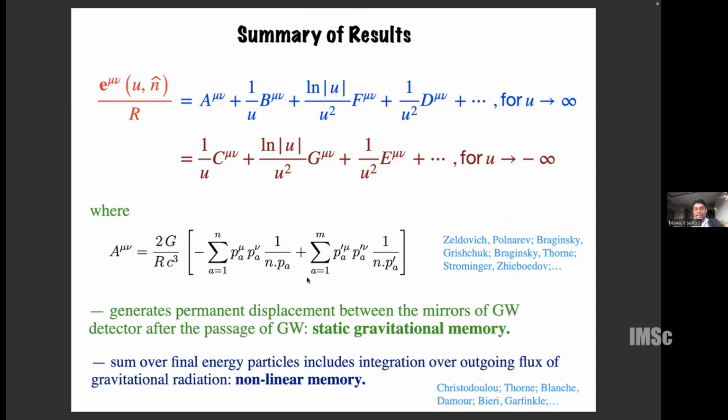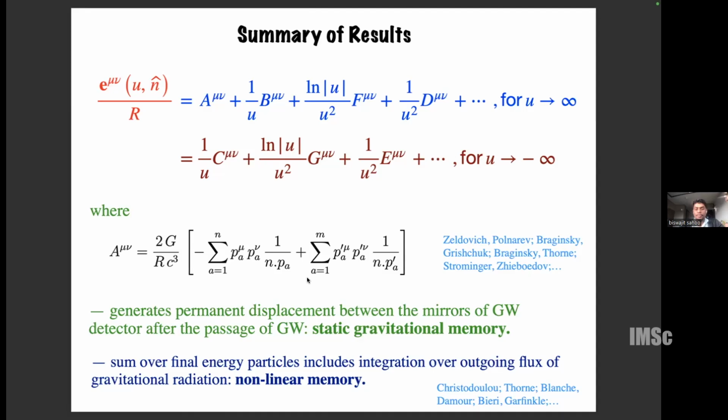If you place a gravitational wave detector far from the scattering region and wait for a long time after the peak of the gravitational wave, in principle infinite time, the mirrors of the detector don't return to their original position. Instead, there is a permanent displacement.